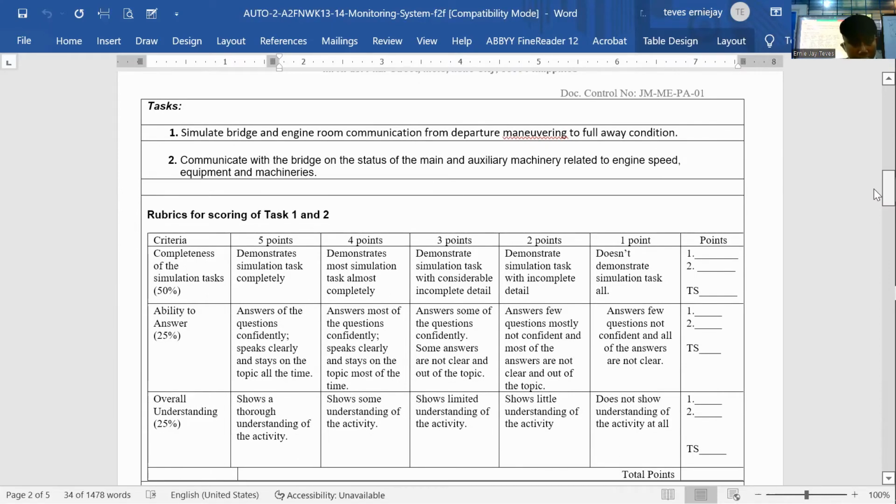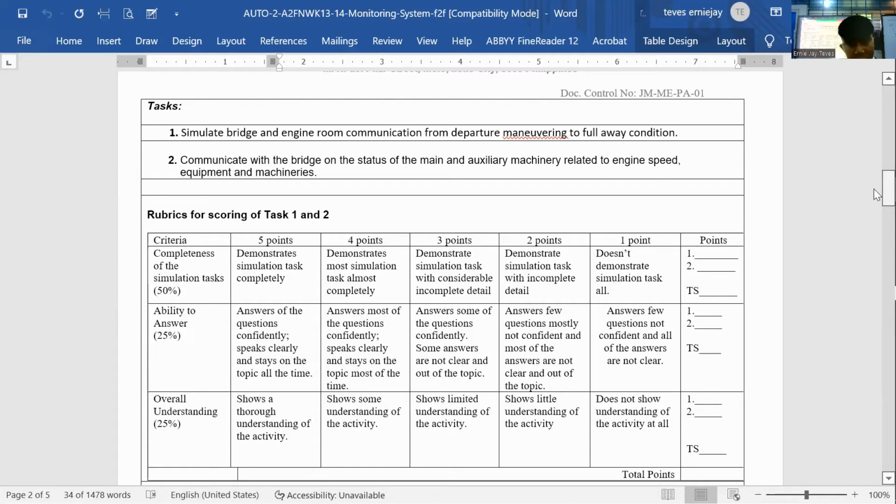For your scoring rubrics of tasks 1 and 2, the criteria are completeness of the simulation task 50%, ability to answer 25%, and overall understanding 25%.